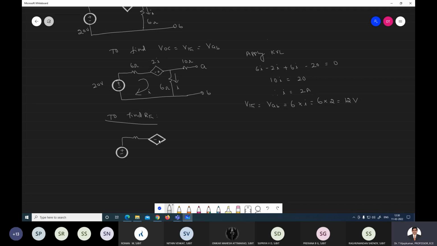This is minus plus, this is 2I, this is the 6 ohm, and this is the 20 volt, and here there is one resistance, that you write. Here the current is I, here it is 6 ohm, and here it is 10 ohm. This is the terminal, you have to short this terminal. You can take this as AB, and this is your short circuit current.